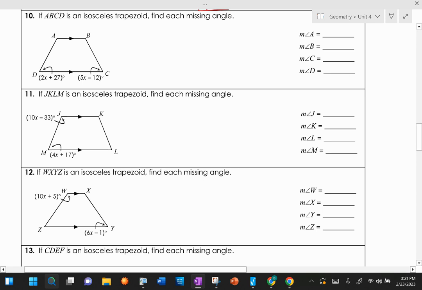Okay, number 10. I don't want y'all to do all of these, so let's do 10 and 12. 11 and 13.